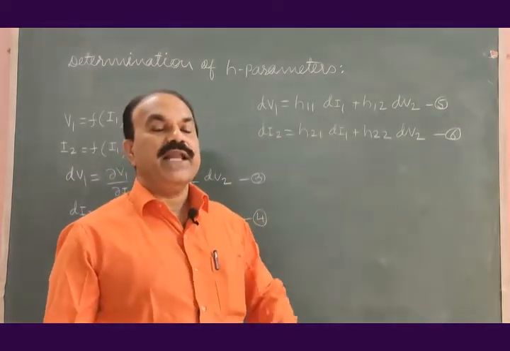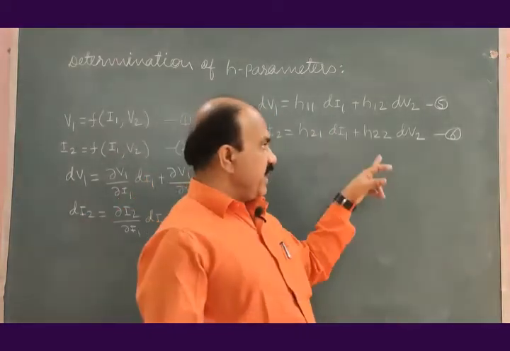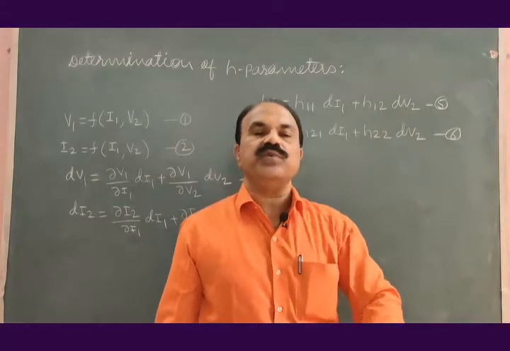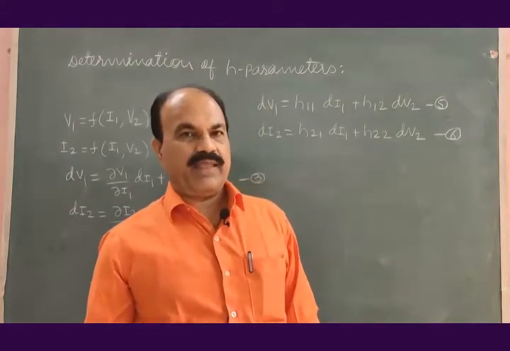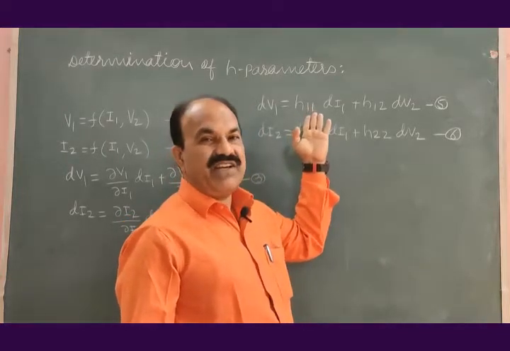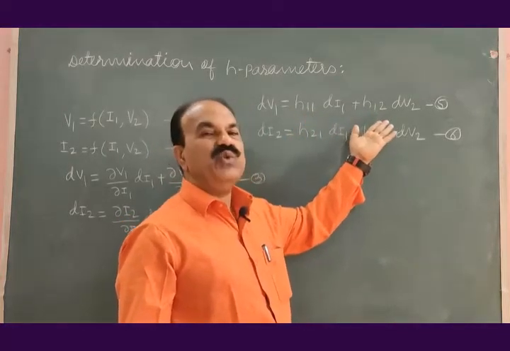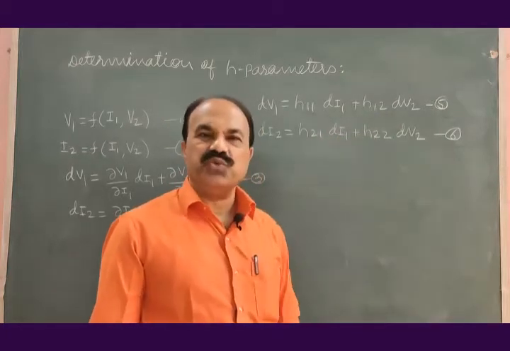H21, ratio of output terminal quantity and input terminal quantity. H22, ratio of two output terminal quantities. We want to decide what this H11 is, what this H12 is, what this H21 is, what this H22 is.